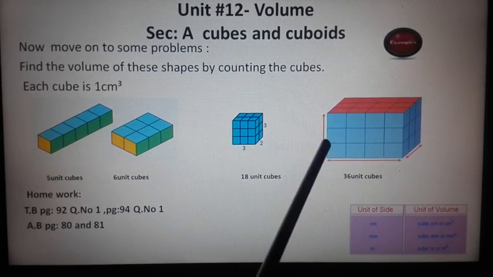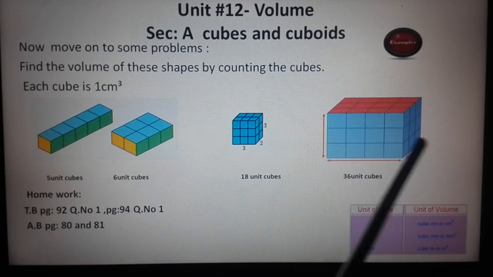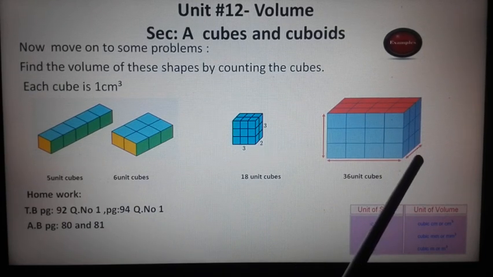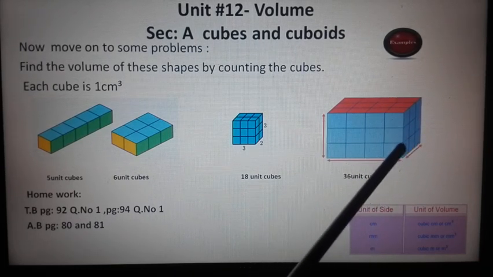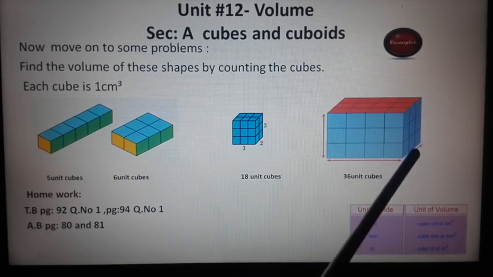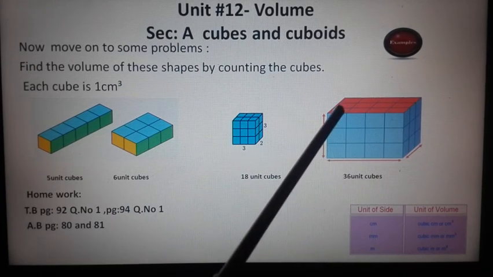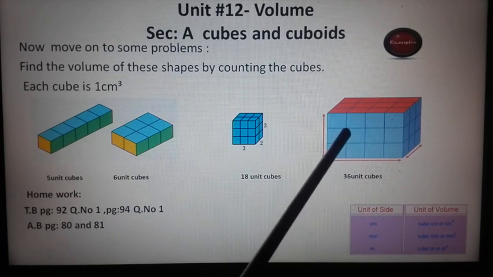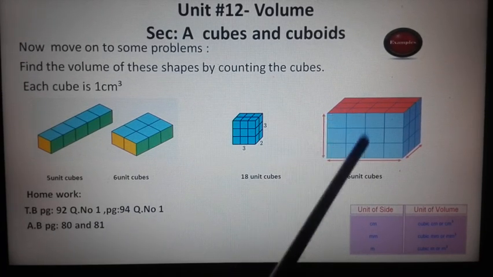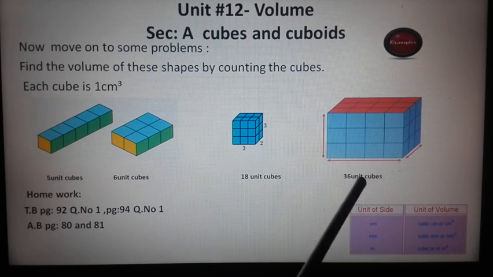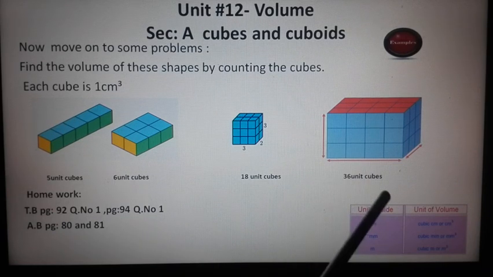After the numbers, you can easily multiply. 4 multiplied by 3 is equal to 12. That means in one layer, 12 cubes are used. How many will be there in total? 3 layers: 12 here, 12 here, and here also 12. So 3 twelves are 36 unit cubes. So we found the volume of all these figures.